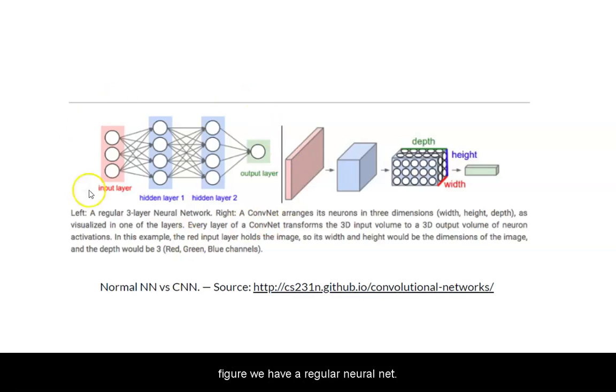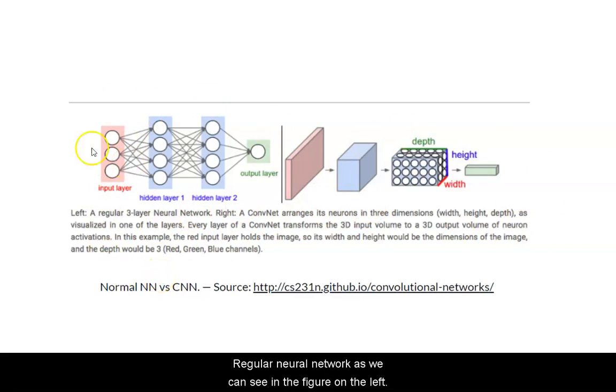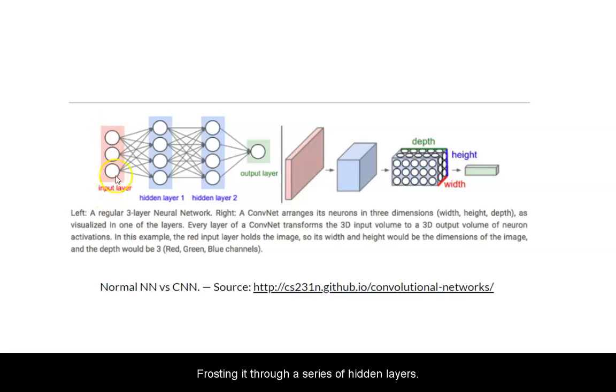So in this figure, we have a regular neural network and a CNN. The regular neural network, as we can see in this figure on the left, transforms an input by passing it through a series of hidden layers.